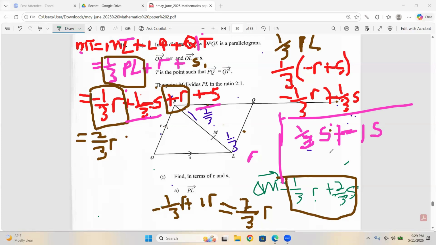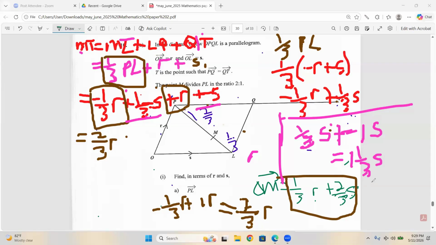Okay. 1/3 and 1 is 2 1/3. Sorry, no. That can't be 2 1/3. That's 1 1/3. What's going on? I might run ahead of myself. 1/3 S. I don't think I want to leave it like this.